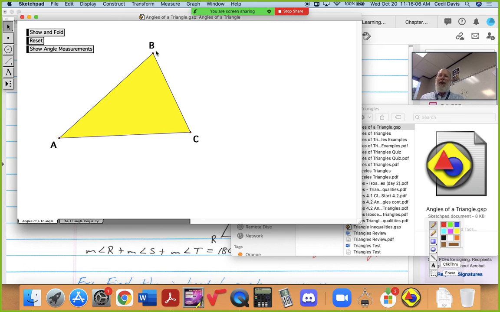So if I take a triangle, I can fold this up to make all those angles be at one point. So if you take the top and fold it down parallel to the bottom, take the right side or the left side, fold it perpendicular to the bottom, and then take the other side and fold it perpendicular to the bottom, look what happens.